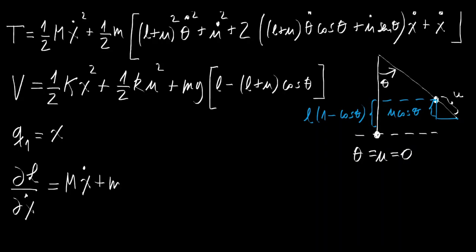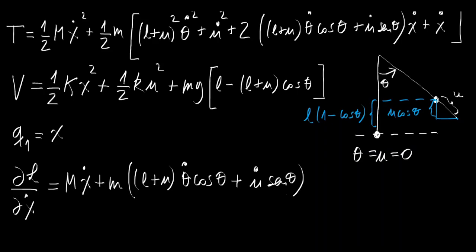So we have m times all this expression here, plus u dot sine theta. And finally, the derivative of this term with respect to x dot, which is 2x dot multiplied by 1/2 m, is just simply m x dot.